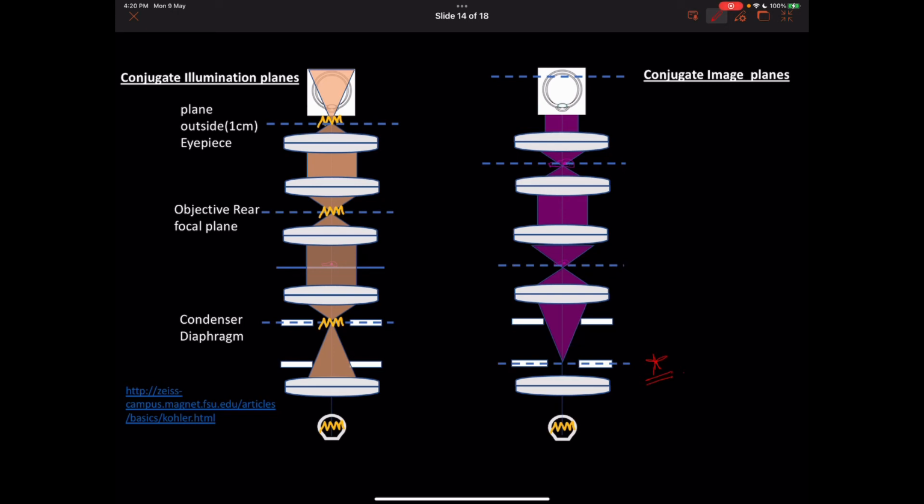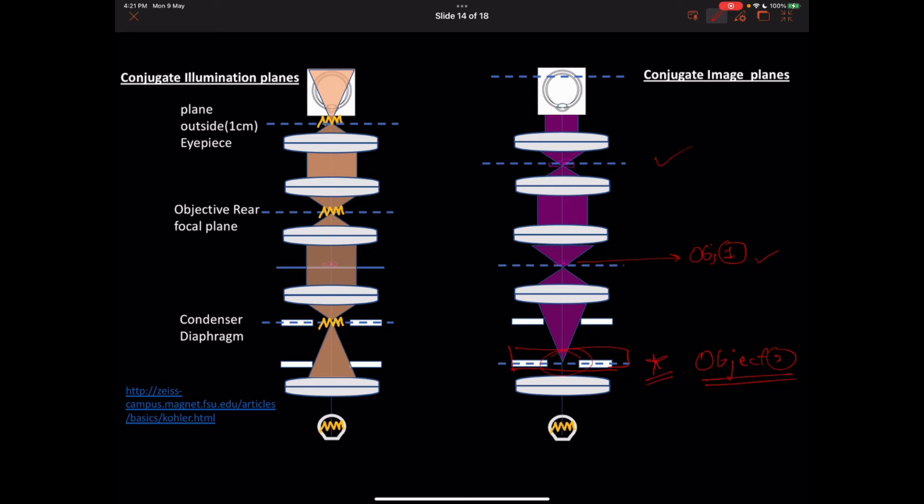Now if you remember, a conjugate image plane is a type of conjugate focal plane, right? So if you are going to place any object, let's say this is your object number 2 and this specimen was your object 1, and you have a conjugate image plane here, if you keep anything here, you're going to get the overlay or the image of this object in the subsequent planes, like this and here.